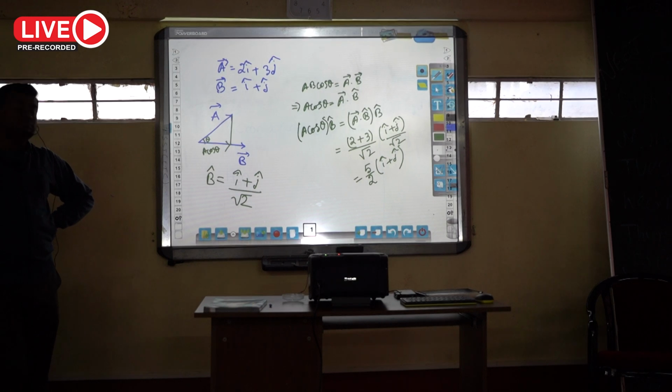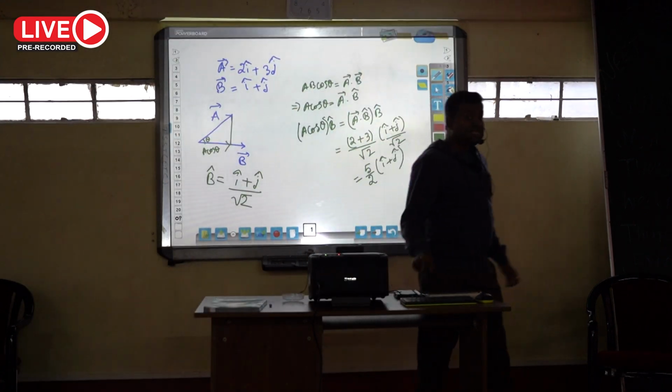So if there are questions like this, if it is said projection or magnitude of the component, then the answer will be a scalar. If it is said component only, then the answer must be a vector.